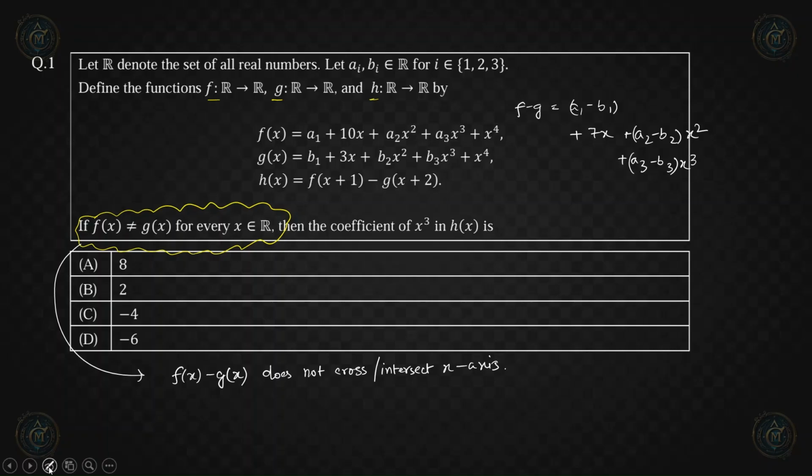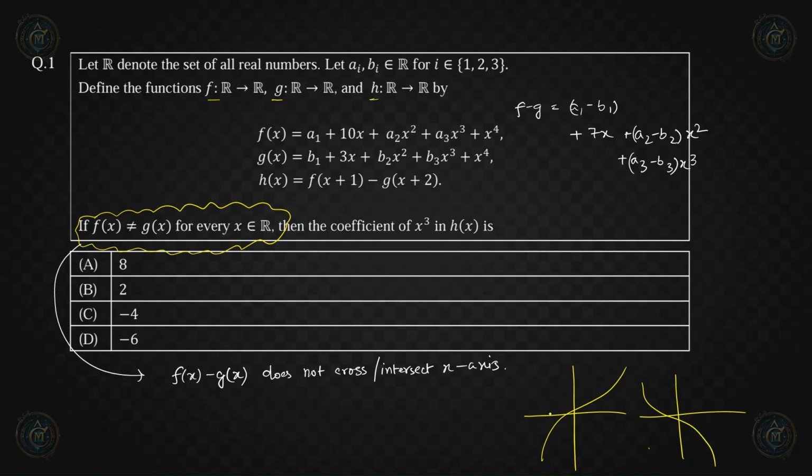If we think carefully, we know the graph of a cubic looks like this, either top to bottom or bottom to top. A cubic function gives the value minus infinity at x tending to minus infinity and positive infinity at x tending to positive infinity.